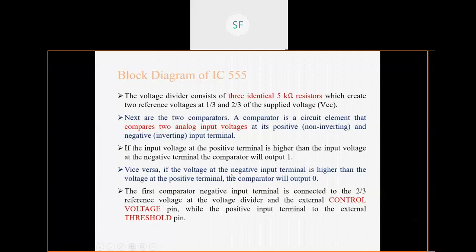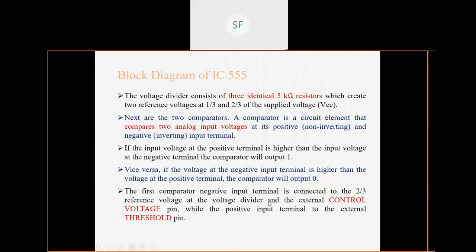Vice versa, if the voltage at the negative input terminal is higher than voltage at positive terminal, then comparator will output 0. Now, the first comparator negative input is connected to the 2/3 reference voltage at the voltage divider.